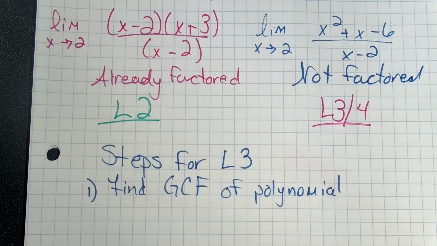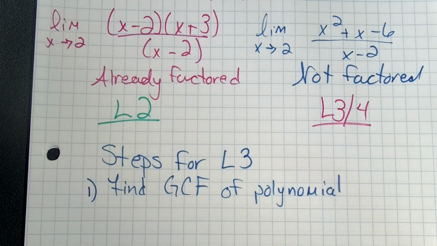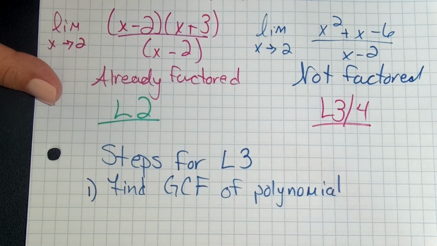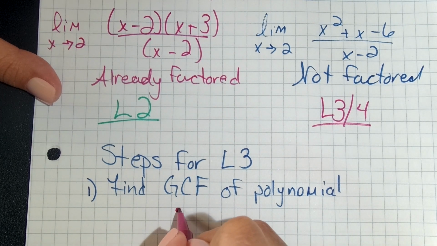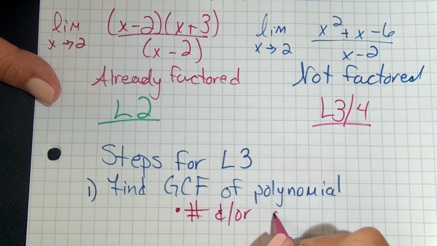Greatest common factor could be a number. We noticed that. Greatest common factor could be a variable. We also noticed that. Remember in, I think it was the 3rd skill or the 4th skill, we were factoring out an x, factoring out a variable, including a number. So it could be a number and or a variable.